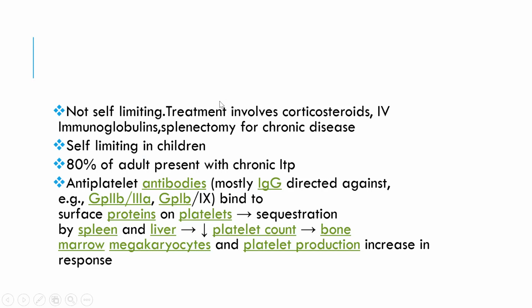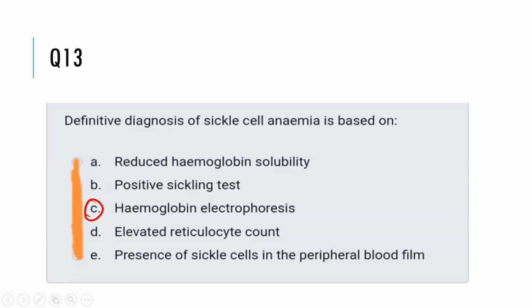Treatment is usually done by corticosteroids or IV immunoglobulins, as well as splenectomy for the chronic disease, but it is self-limiting in children only. Then you can't say that it mostly presents as acute, because 80% of adults present with chronic ITP. I've done the summary of the pathophysiology, so you can go through it in depth.